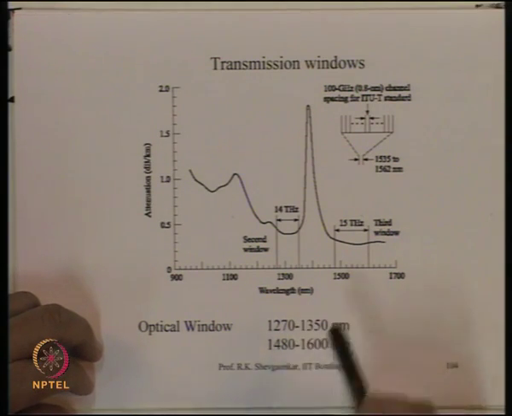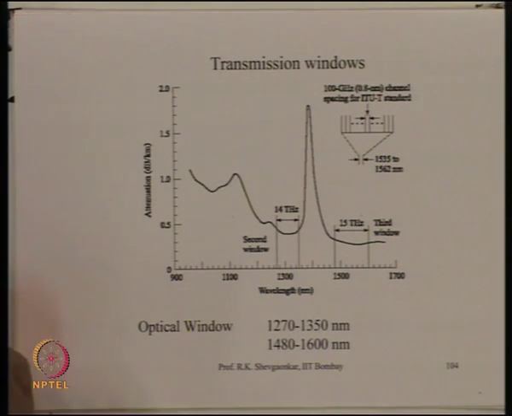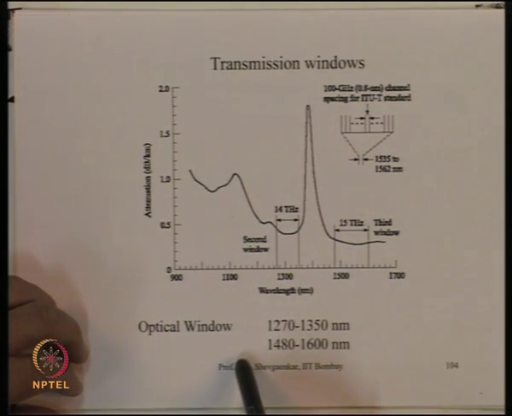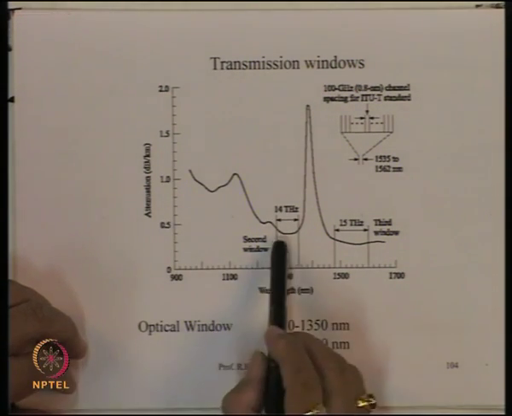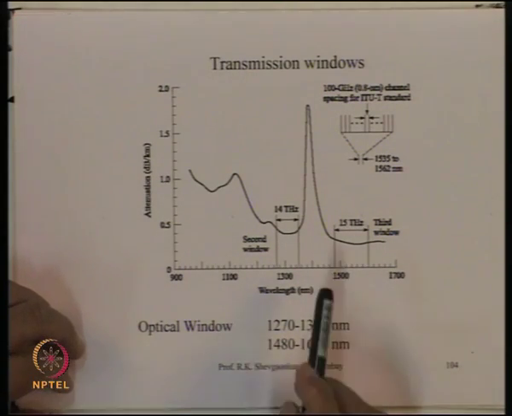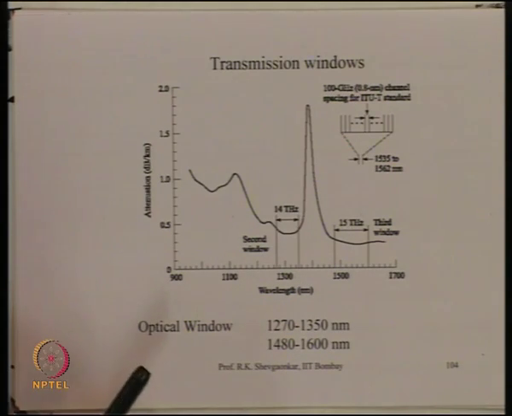If I convert this into the corresponding frequency, we have a bandwidth of about 15 terahertz here, and about 15 terahertz there. So the total bandwidth, including these two windows, is about 30 terahertz.